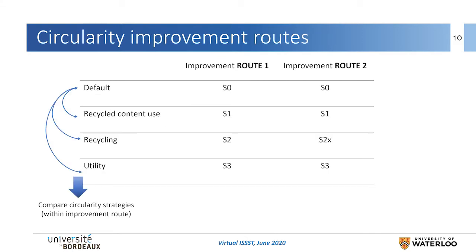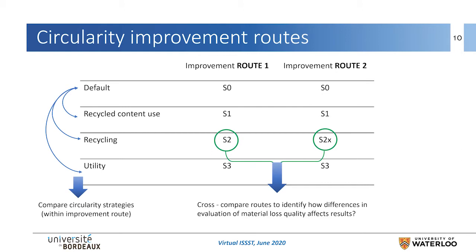We compare strategies within improvement routes in order to realize what is the most preferable strategy among alternatives. But it is also helpful to compare different improvement routes, in this particular case to identify how differences in evaluation of material quality loss affect the results. So we compare here two different strategy scenarios for recycling.